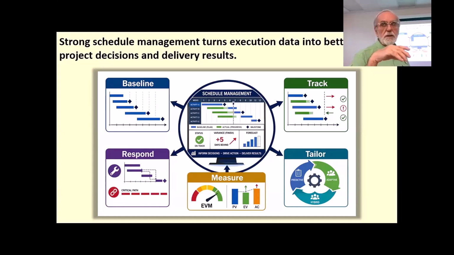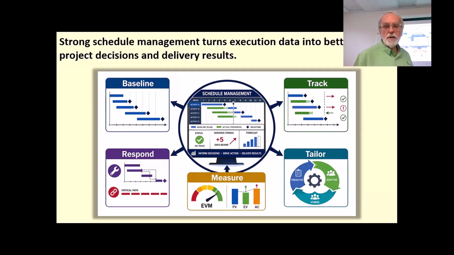Again, the idea is, are we producing results, and are we doing it in an intentional, controlled way? And so from there, we narrowed down to schedule management as one of the clearest ways to see whether the project delivery is actually under control. Then we moved through the building blocks of schedule performance and a manageable schedule: activities, dependencies, the baseline, monitoring actual values versus planned value, and controlling the schedule.